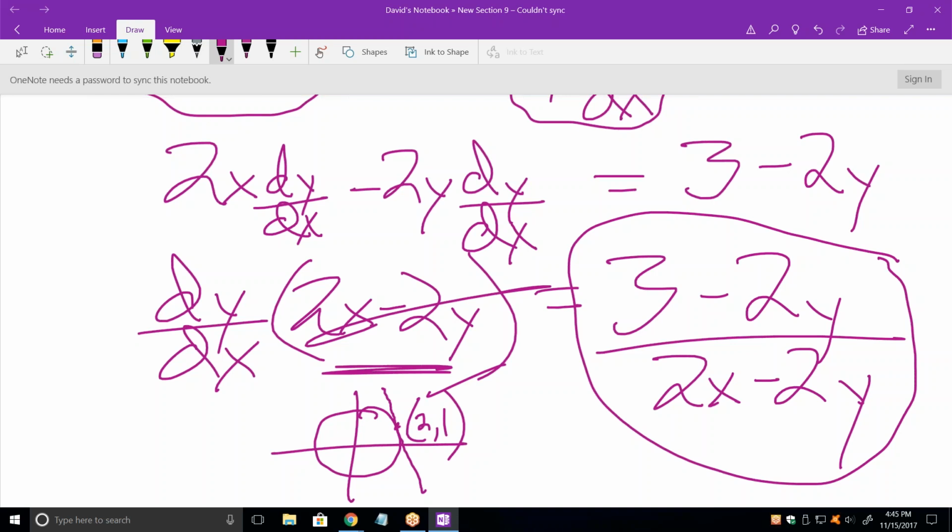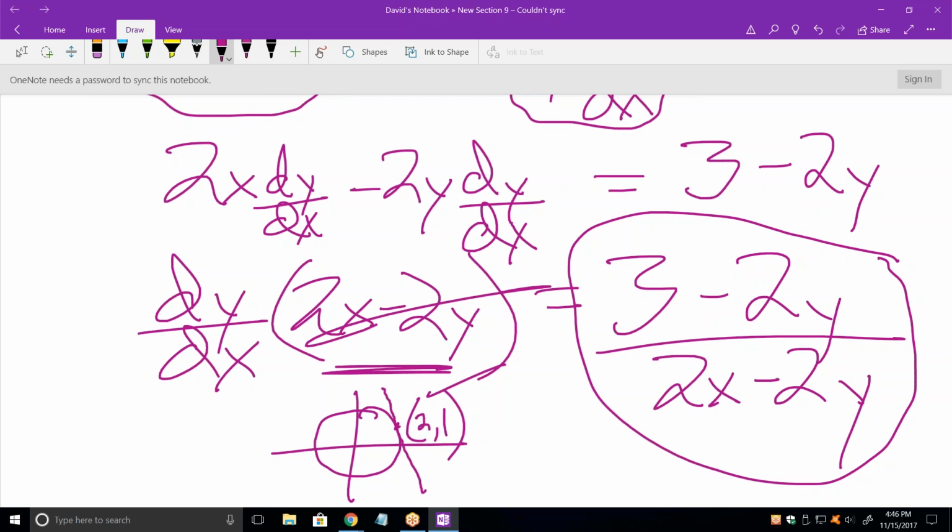But on these implicit differentiation problems, they'll give you both the x and the y value as to where you're supposed to calculate the slope dy/dx. So then you just plug that in.